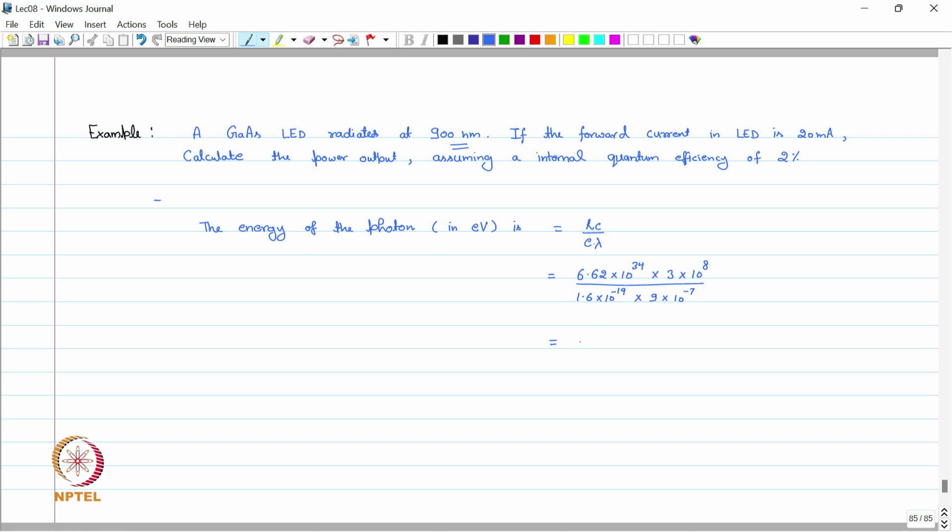This number comes out to be around 1.38 electron volt. So this is the energy of a single photon.